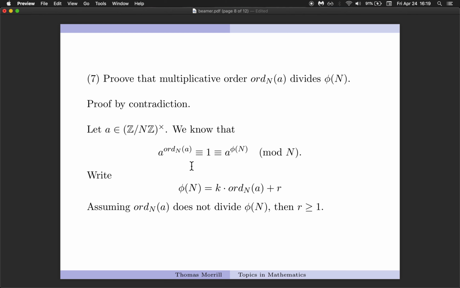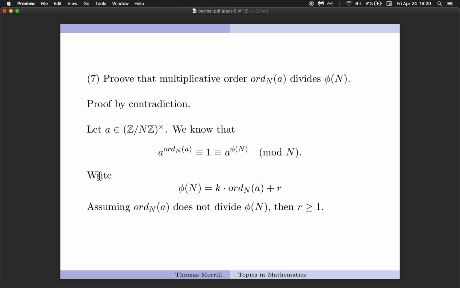So we know that both of these formulas are going to reduce to 1 modulo n. And since the order of a is going to be the smallest power that satisfies this equation, I know that phi of n has to be greater than or equal to the order of a. So I'm going to ask, what can I do with two numbers, one larger than the other?